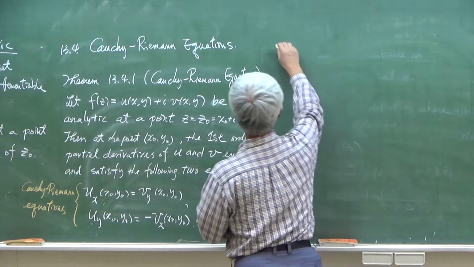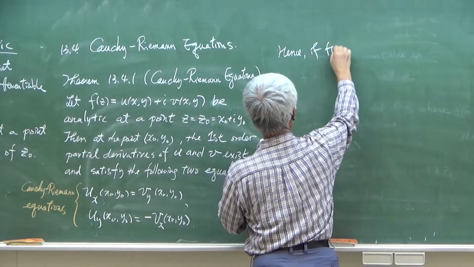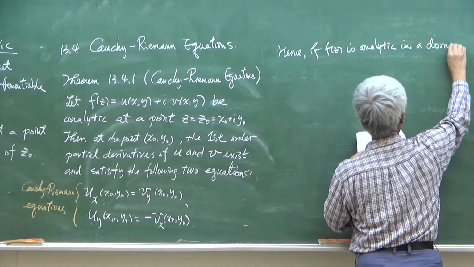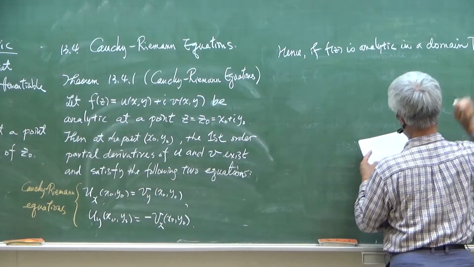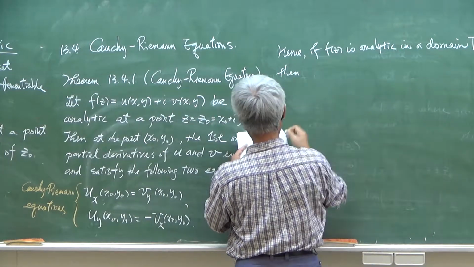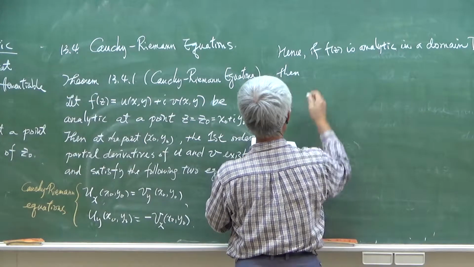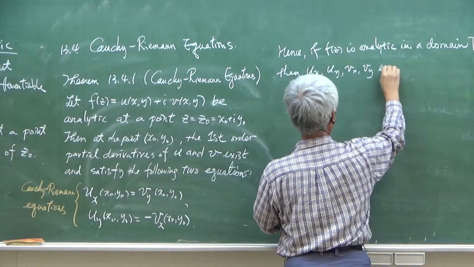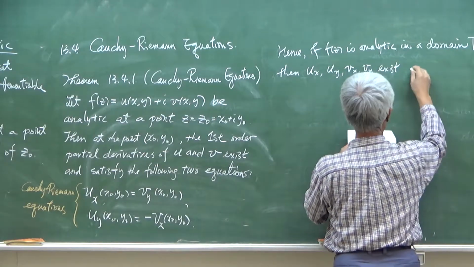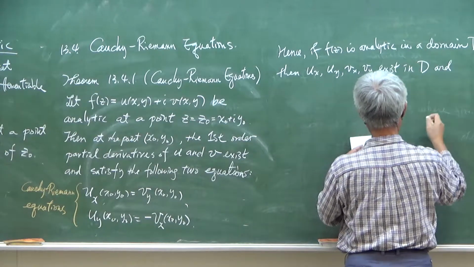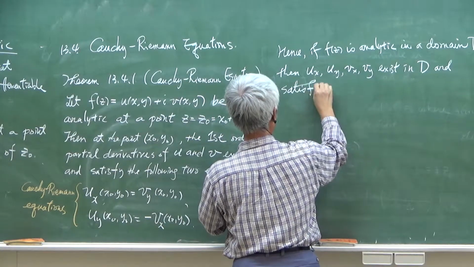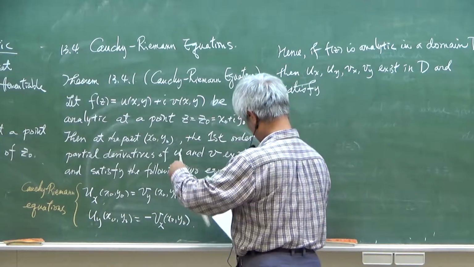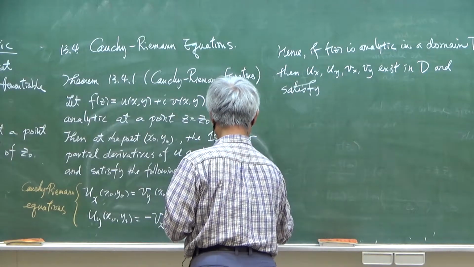Okay, so hence, if f of z is analytic in a domain D, then u_x, u_y, v_x, v_y exist in D and satisfy these equations, which we will label as 13.1, 20.4.1.